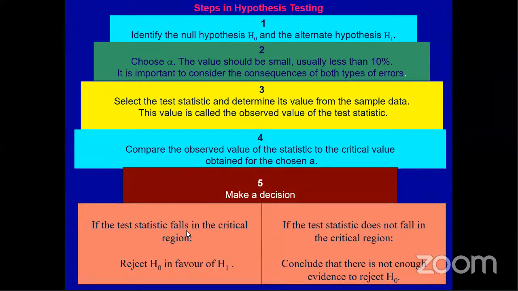If the test statistic falls in the critical region, reject H0 in favor of H1. I'll tell you in the next table when it comes into the critical region. If the test statistic does not fall in the critical region, conclude that there is not enough evidence to reject.